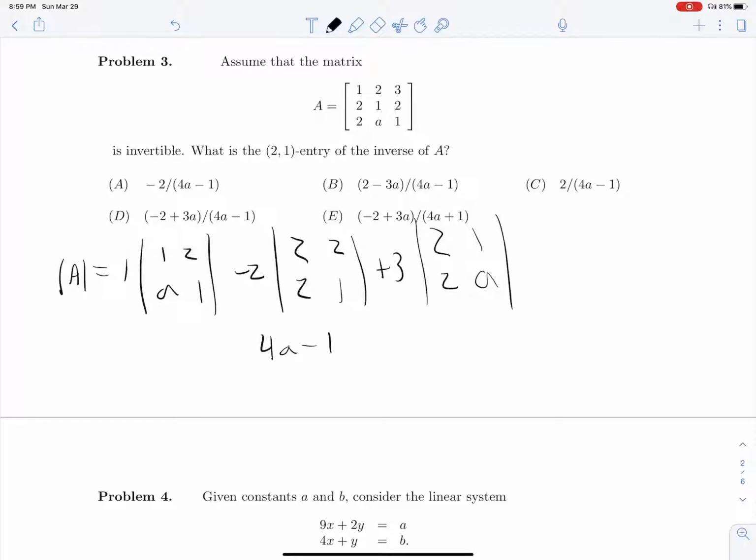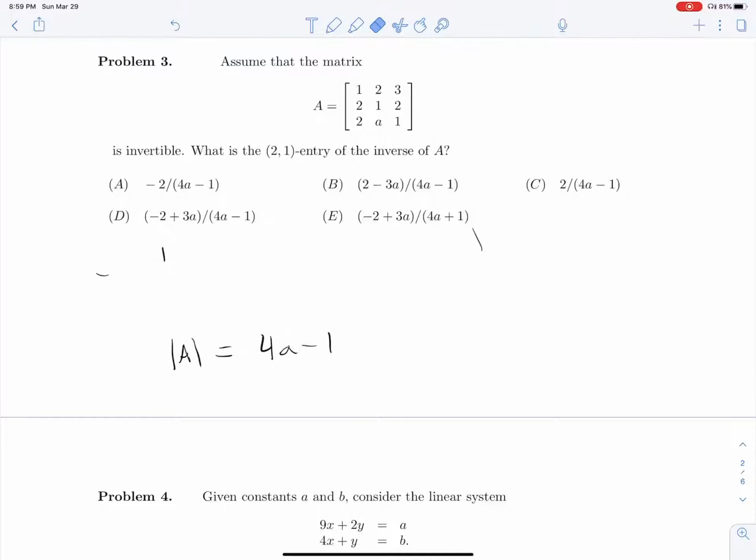So here we have our determinant of A, and I'm going to get rid of all this stuff for a little bit more space. So if this is the determinant of A, all of our entries in the inverse are going to be divided by this guy right here, and we know as a result we're able to cross off any answer choices that don't divide by 4A minus 1.